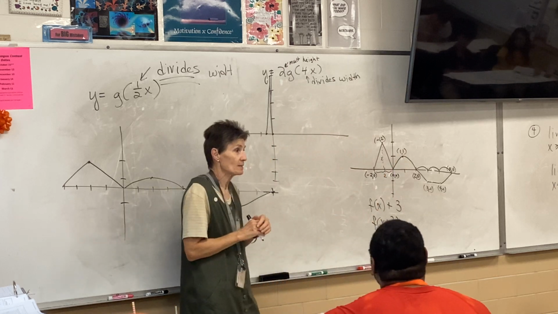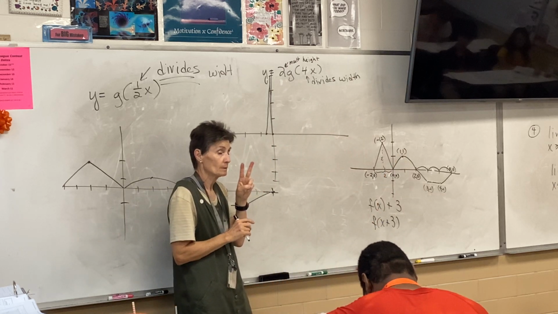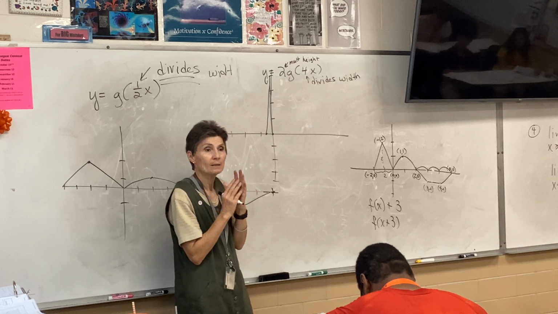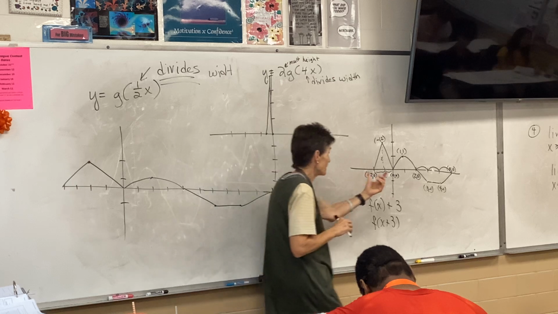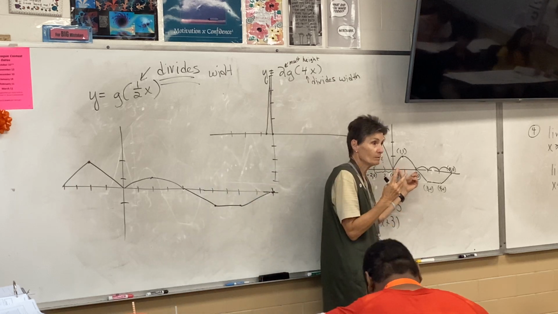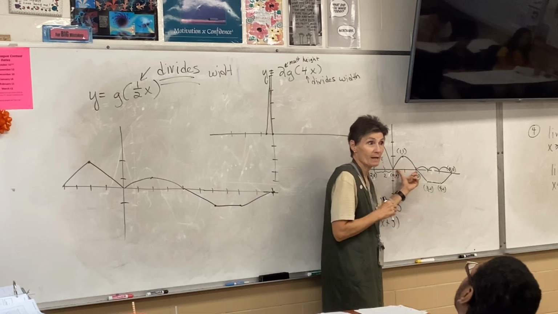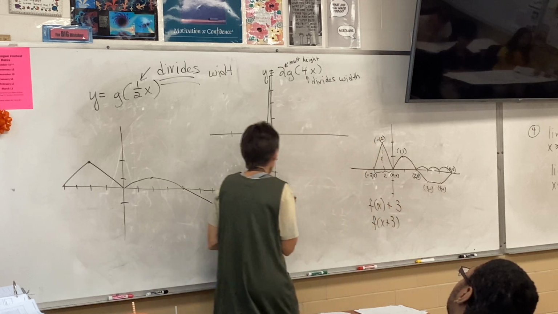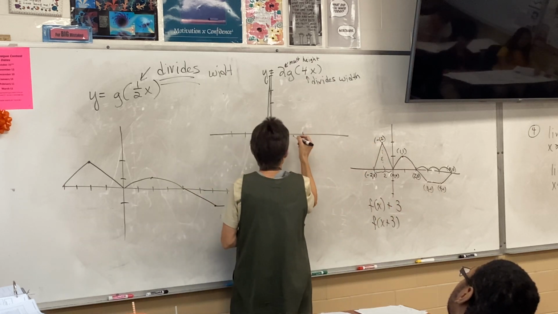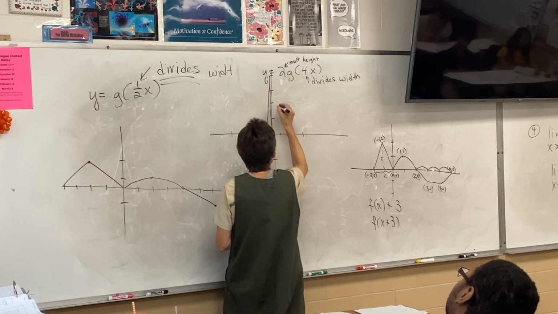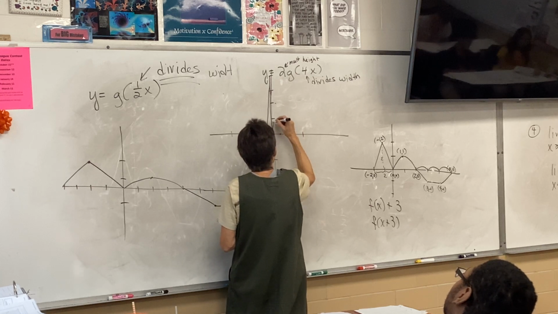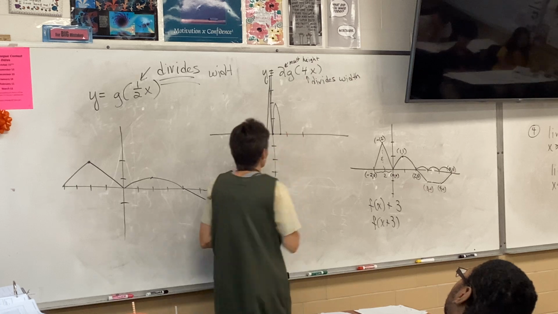Well, you already told me it's gonna be too tall. How wide is it gonna be? A half? Because it's 2 right now. So it's gonna be a half. I'm gonna try to make that somewhat circular. Looks like that.